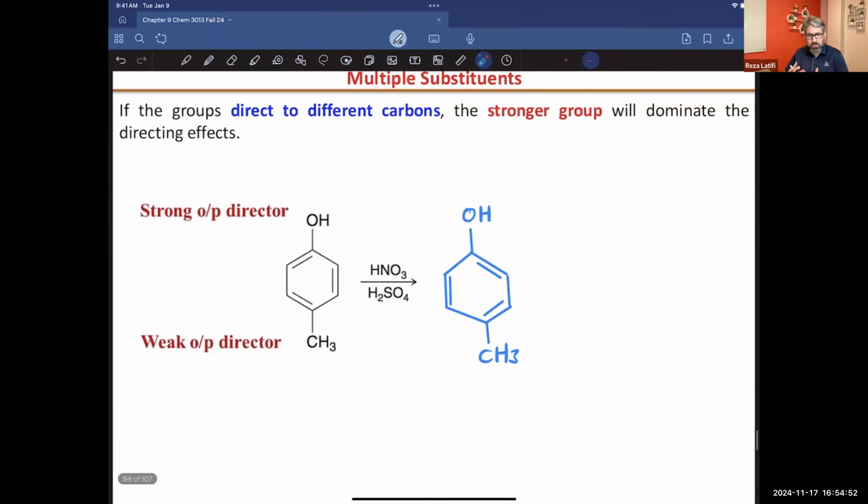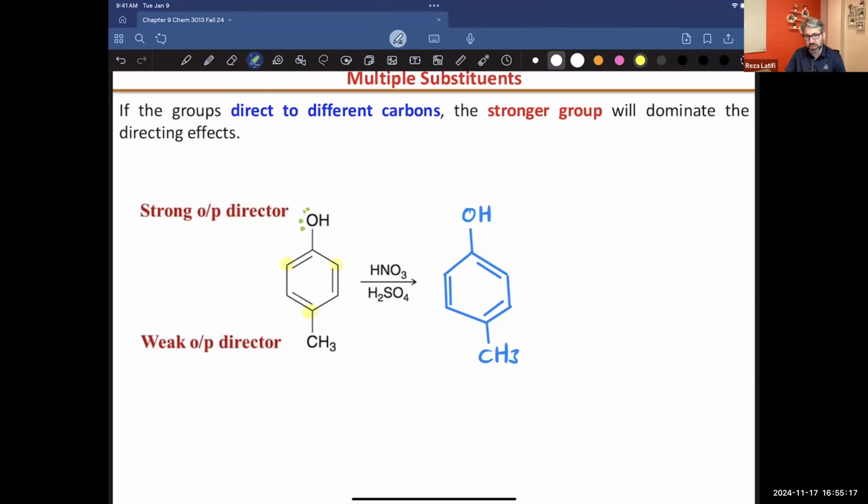Okay, next one, both substituents are electron donating. One is alkyl, the second one is oxygen with two lone pairs, a hydroxy group. In that case, you have to go after the stronger electron donating group, and hydroxide is favoring these two. Let's go with this color. Hydroxide is favoring the ortho position and the meta.